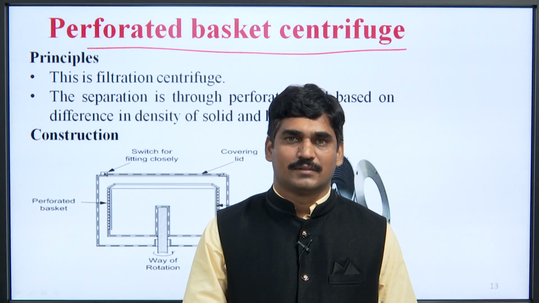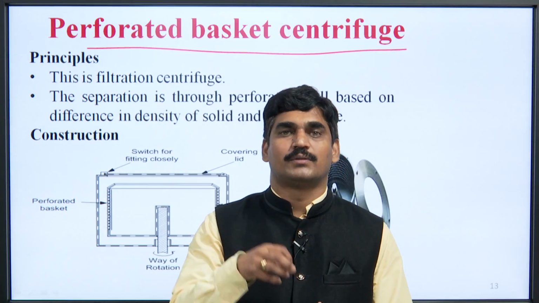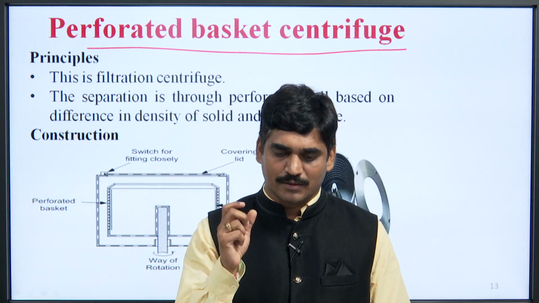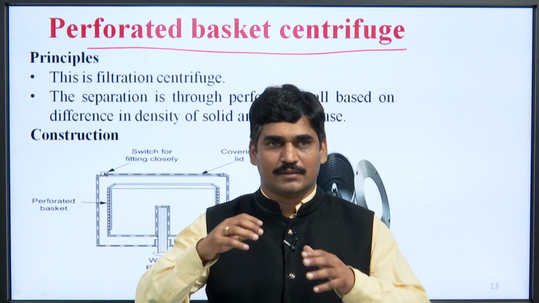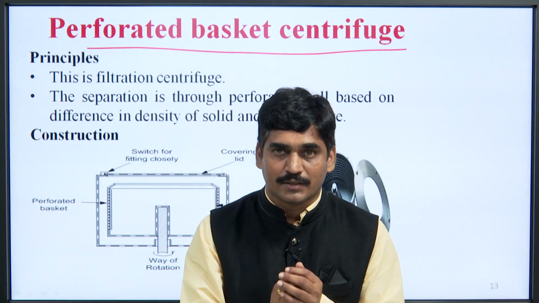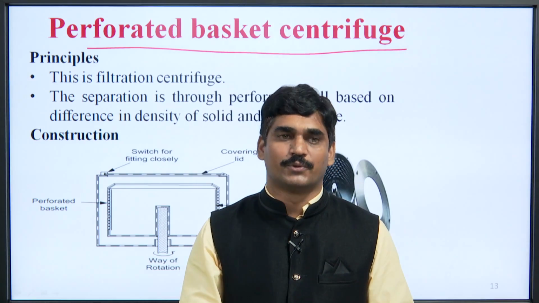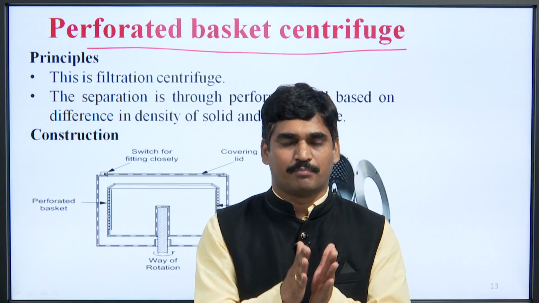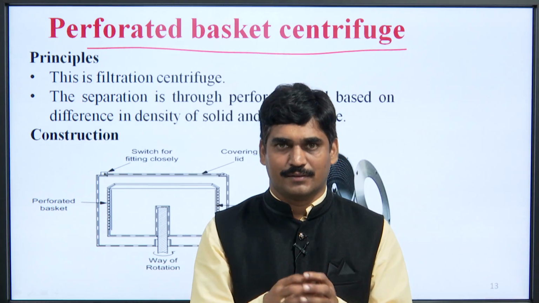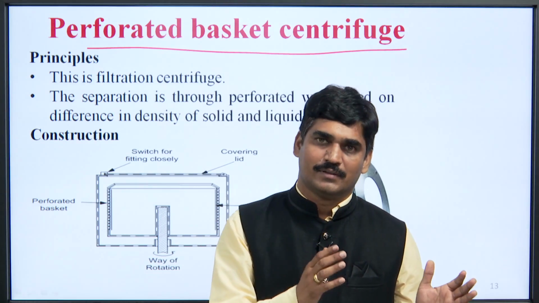In this case, the separation is performed through perforated walls, and the separation is based on the density of the solid and liquid phases. So, based on density, the slurry is separated, that means solids are separated out and the liquids are separated out.